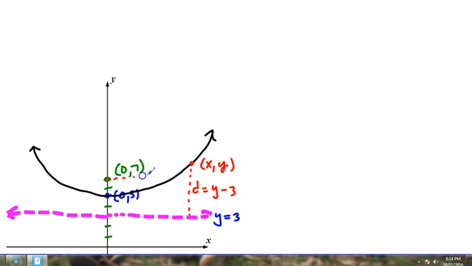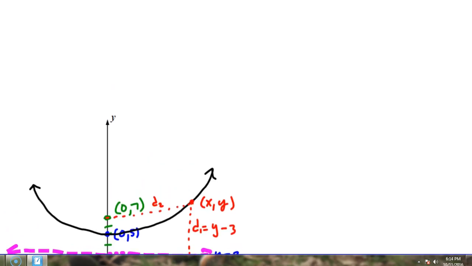Whereas this distance, you can see I didn't sketch perfectly, fine. Those distances should be equal, use your imagination. This distance, we'll call d1, and this is d2. I need to find out what this distance is, set them both equal, and solve for y.